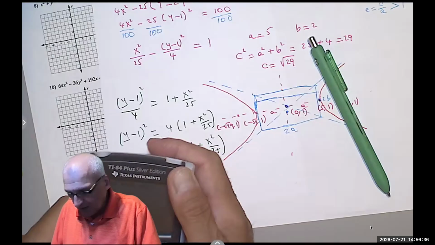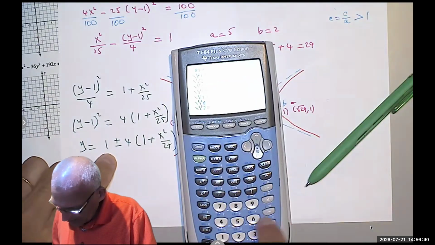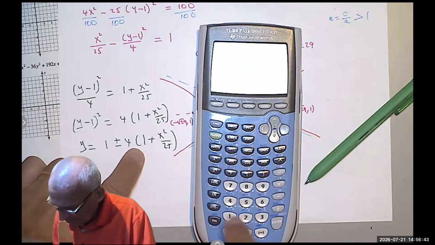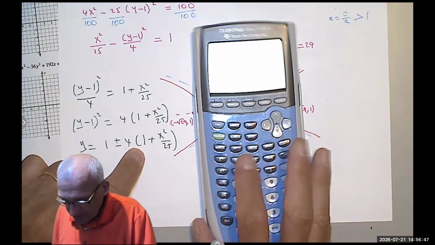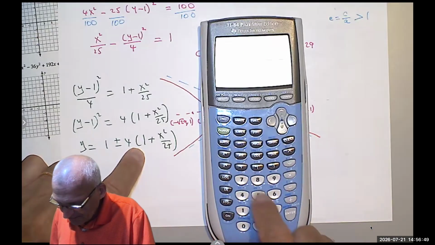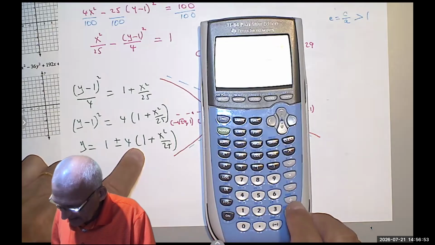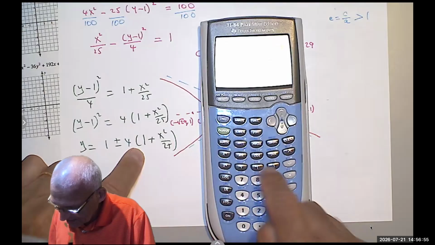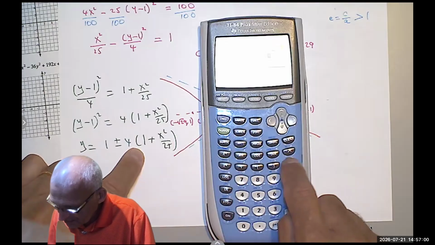So if I go to y, I can write 1 plus the square root of 4 times (1 plus x squared over 25). And the second one is 1 minus the square root of 4 times (1 plus x squared over 25).